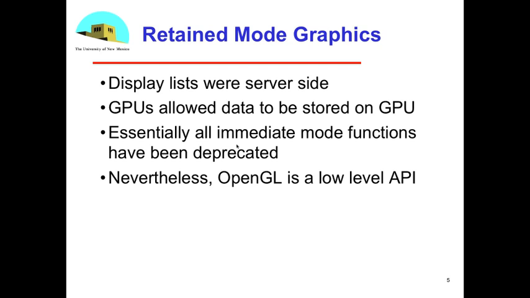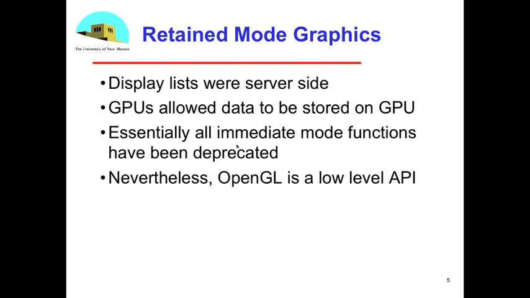It was a nice idea, but once we started getting GPUs that had their own memory that they could access, you could change data stored on the GPU and redisplay it very quickly, transform it, change colors, move things around. That became the standard mode to do things. So even if, as you've seen with all the code we've been working on, you're not changing anything, we automatically put all our data on the GPU as just a better way to do things.